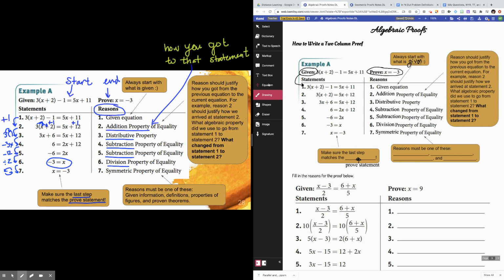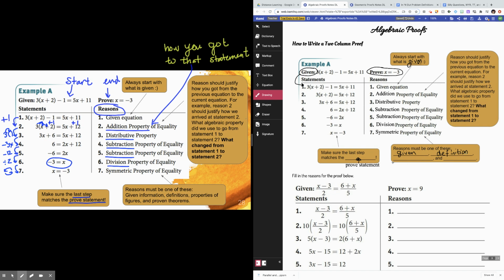When you're writing a proof, and this is the one thing that I didn't talk about, your reasons are always going to be one of these things. It'll be given, so the information was given to you. It will be a definition, like the definition of complementary angles, for example, or the definition of angle bisector, or the definition of midpoint.